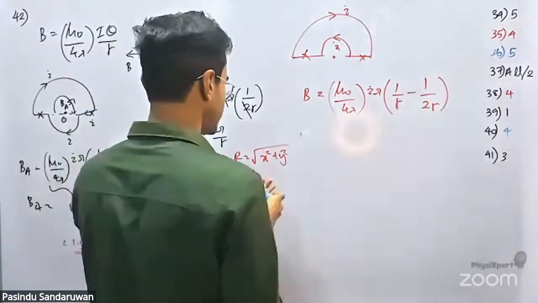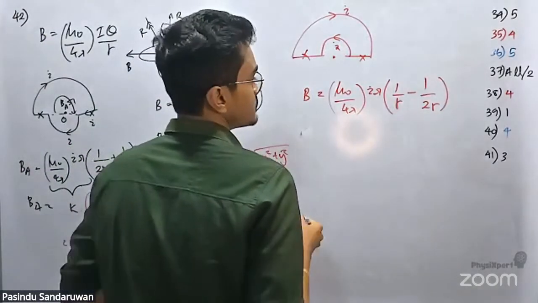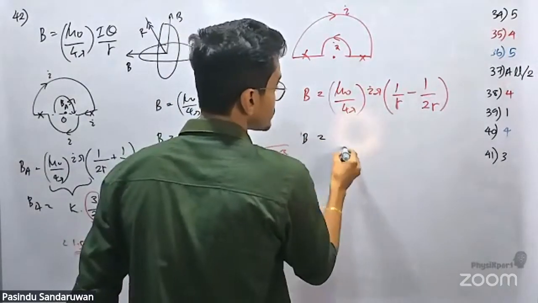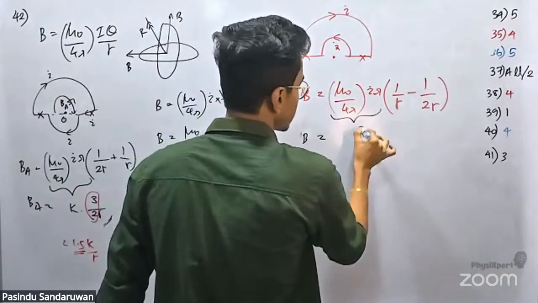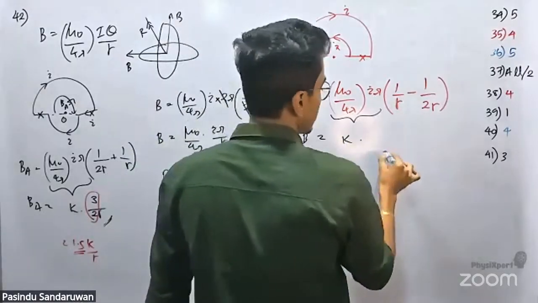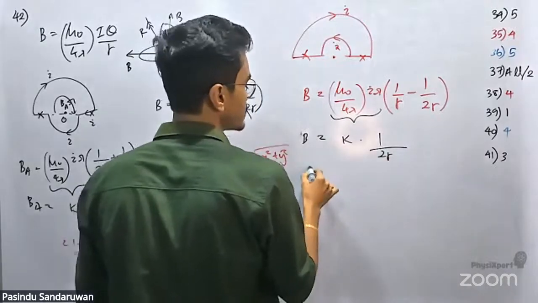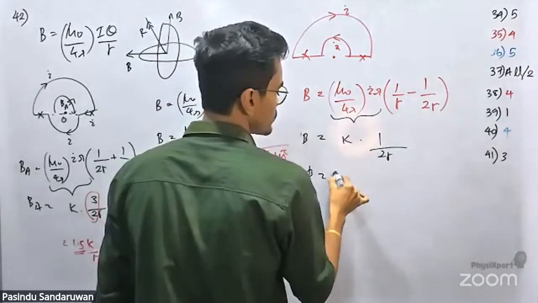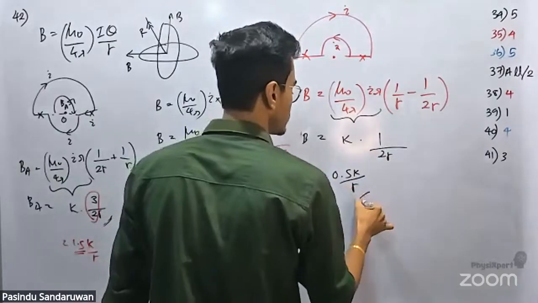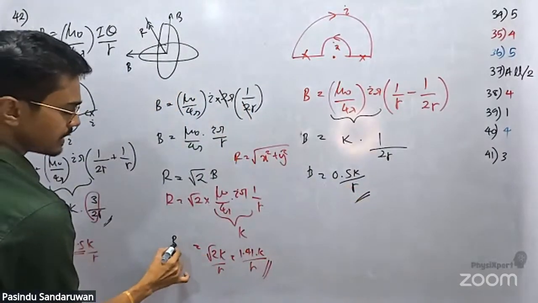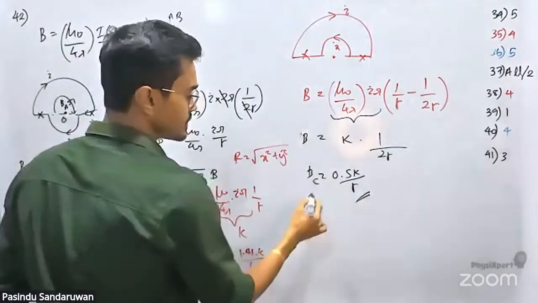Okay. Then simple like this. B equals, I consider this as K. This is K now, and here 2R. 2 minus 1 is 1. So this is 1 over 2, that is 0.5 K over R. Now you can compare. This was BA, this was BB and this is BC, right?